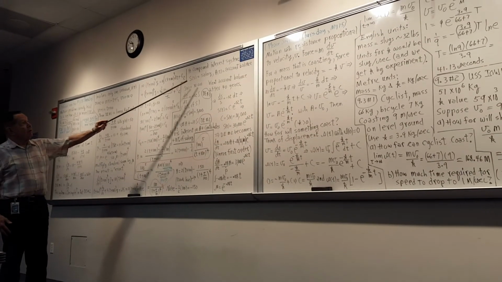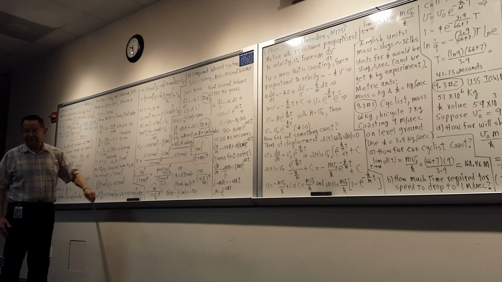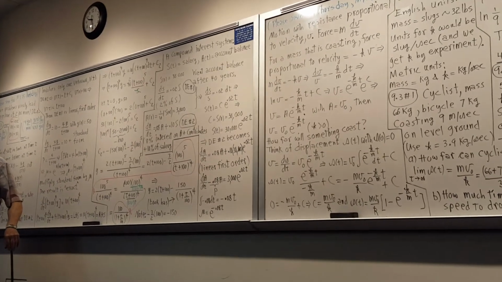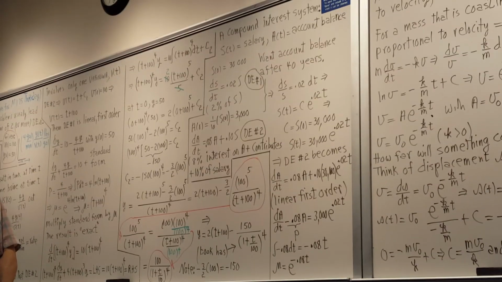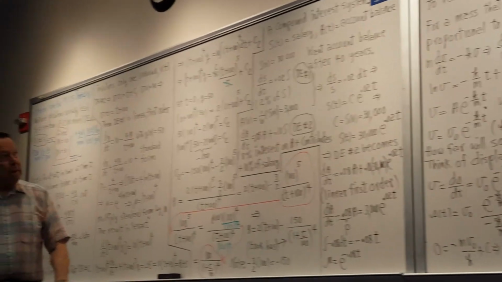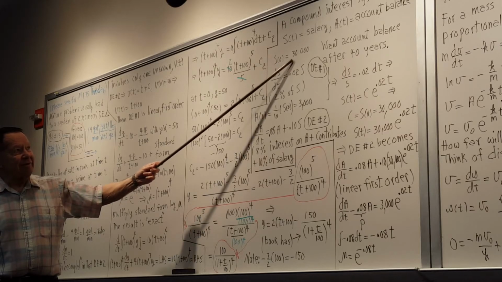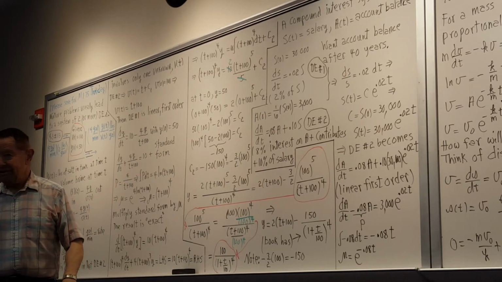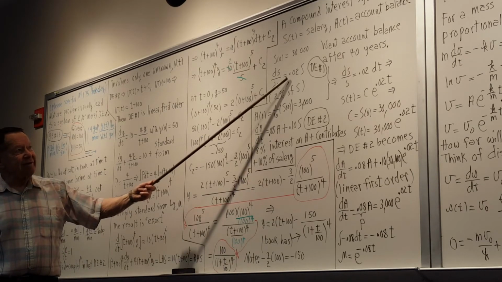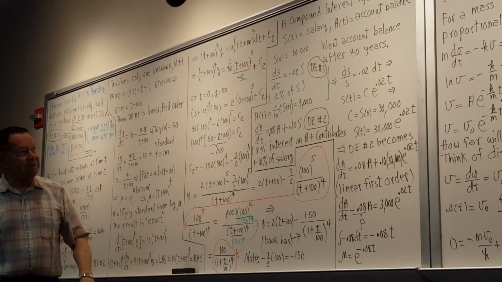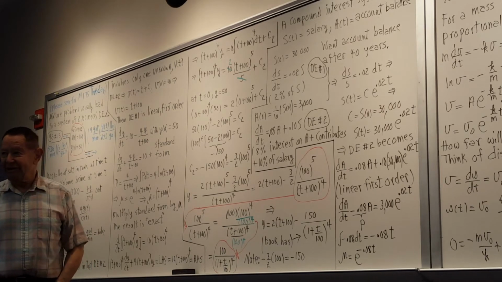So we have S of t is the salary, and A of t is the account balance. Now this person has made a deal, which actually is a pretty good deal, and he or she starts out with a salary at time 0 of $30,000, which may or may not seem good, but the person is guaranteed a continuous 2% salary raise no matter what, okay?